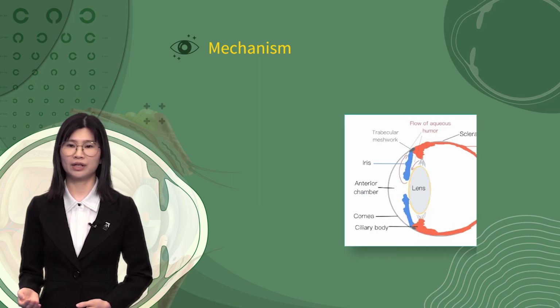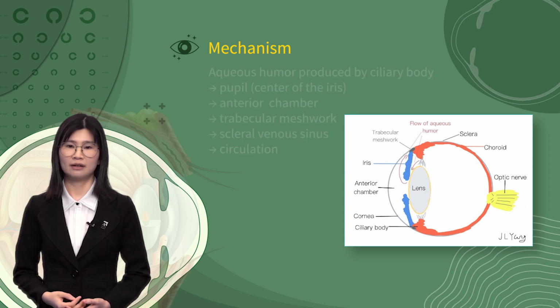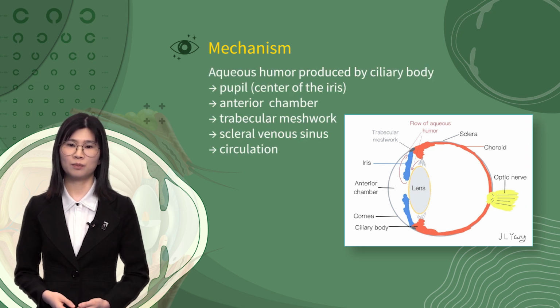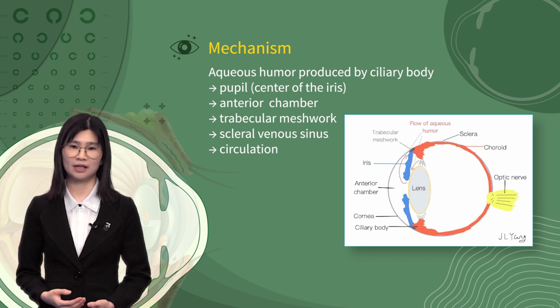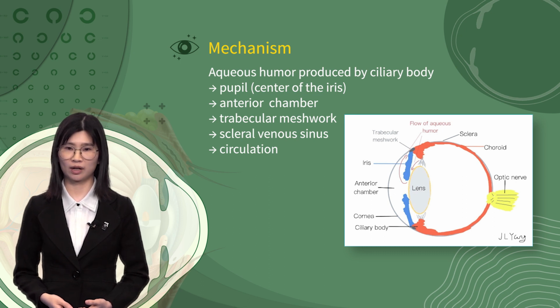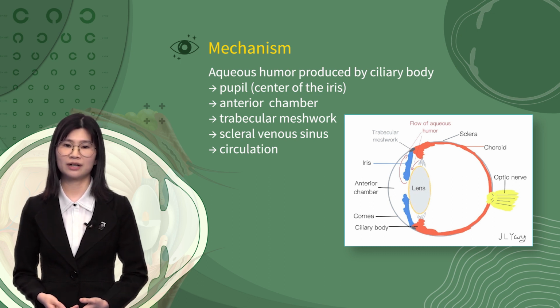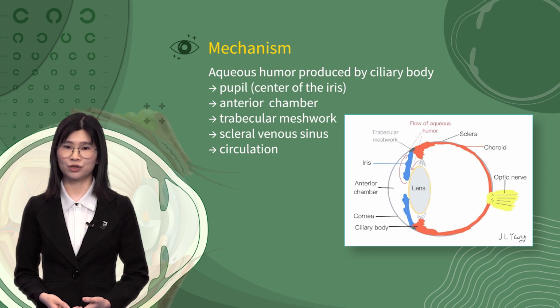From the red arrow in the picture, we can see that aqueous humor is initially produced by the ciliary body and passes through the pupil to the anterior chamber, through the anterior chamber to the trabecular meshwork, then to the sclerovenous sinus, and finally back to the blood circulation. The dynamic balance of aqueous humor production and drainage ensures normal IOP.